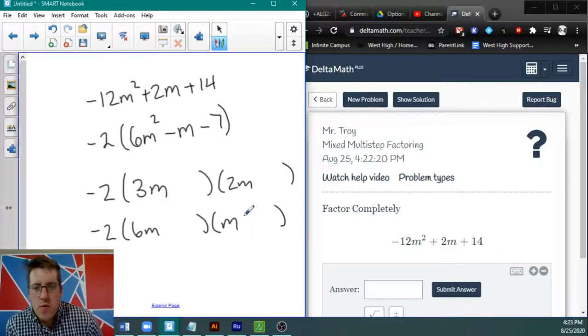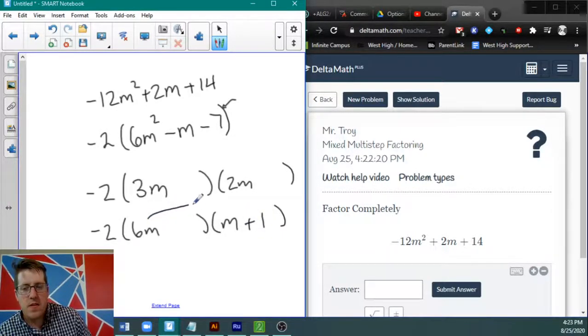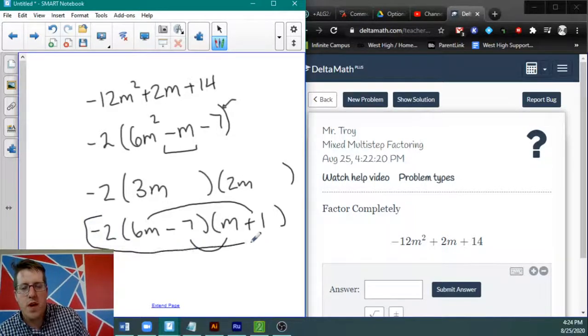Now the good news is that 7 doesn't have a lot of factor pairs. It could be, you know, plus 1 minus 7 or minus 1 plus 7. So because of that, I think about it this way. This is going to give me positive 6m, and this is going to give me negative 7m. And when I combine those, I get that negative 1. So this is going to be my final answer.